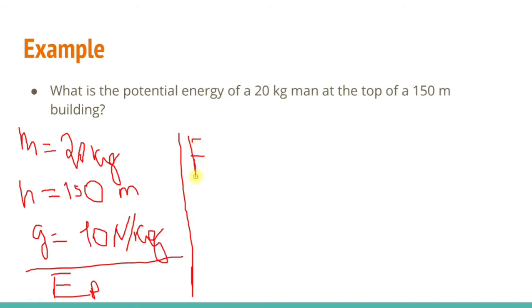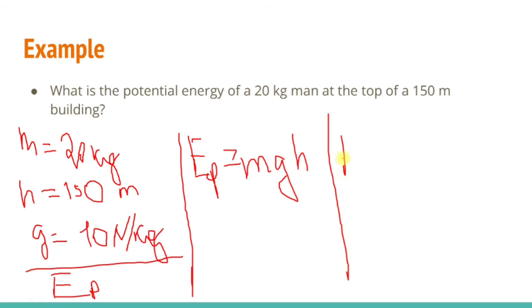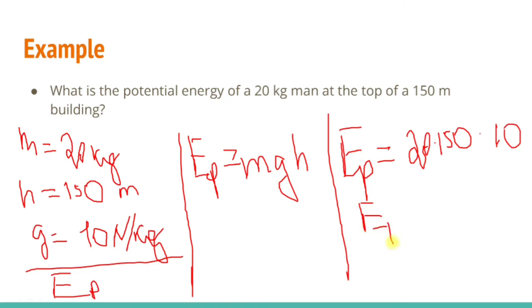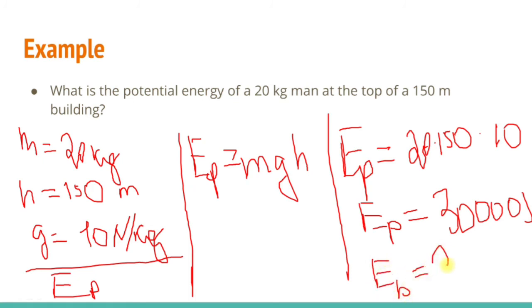The formula of potential energy is mgh. So you put in the formula: EP is equal to 20 times 150 times 10 equal to, the answer is the potential energy of this boy is 30,000 joule. It's 30 kilojoule.